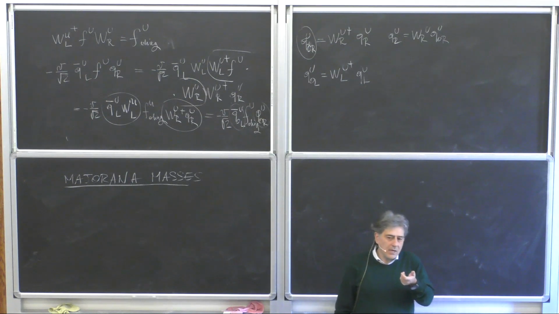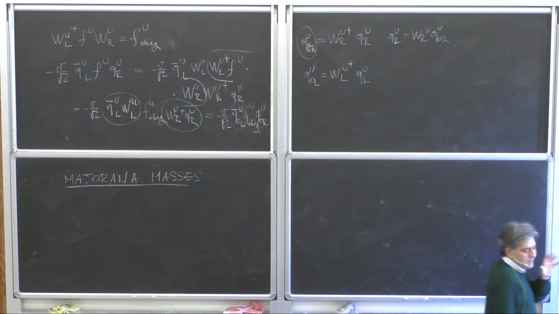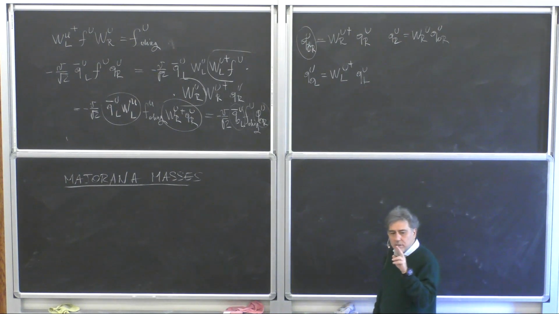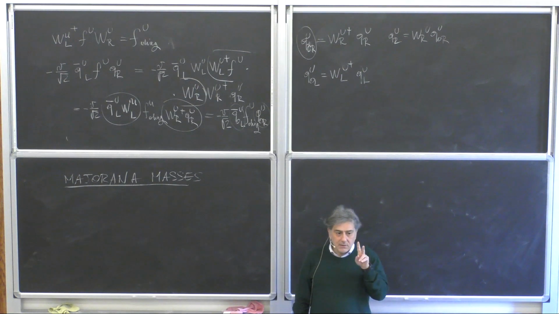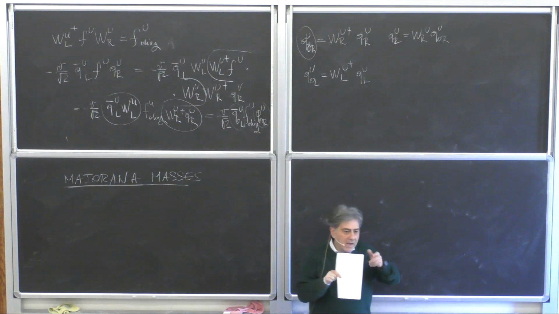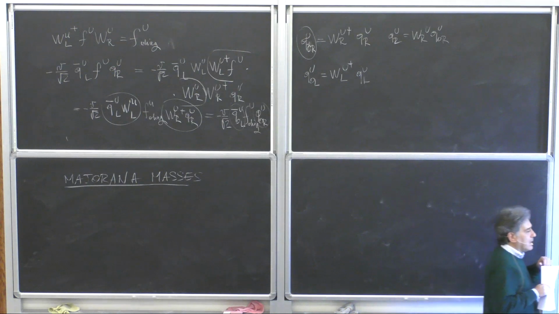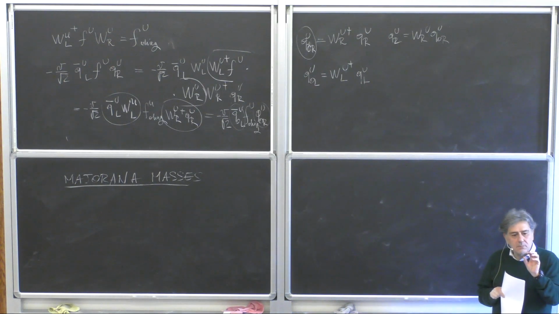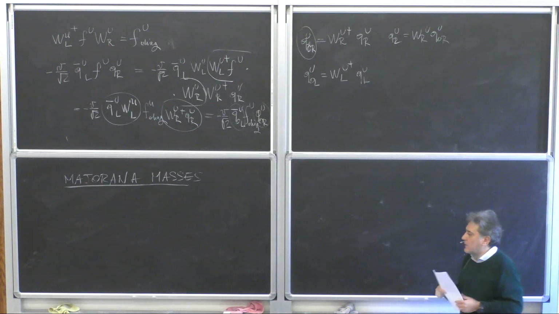We can diagonalize these matrices, by unitary diagonalization with two matrices. And when you define the mass eigenstates, both for quarks or for Dirac neutrinos with masses, you get a mixing matrix for the charged current.